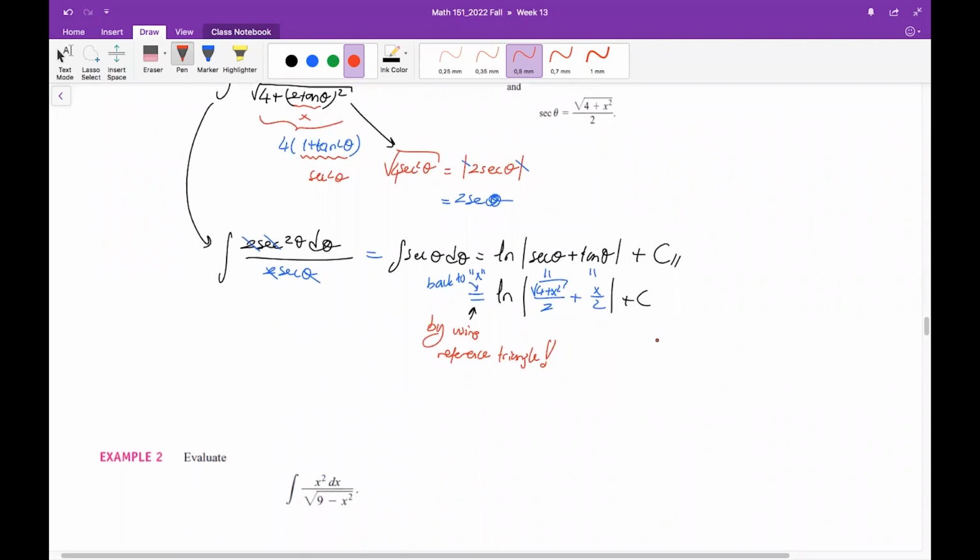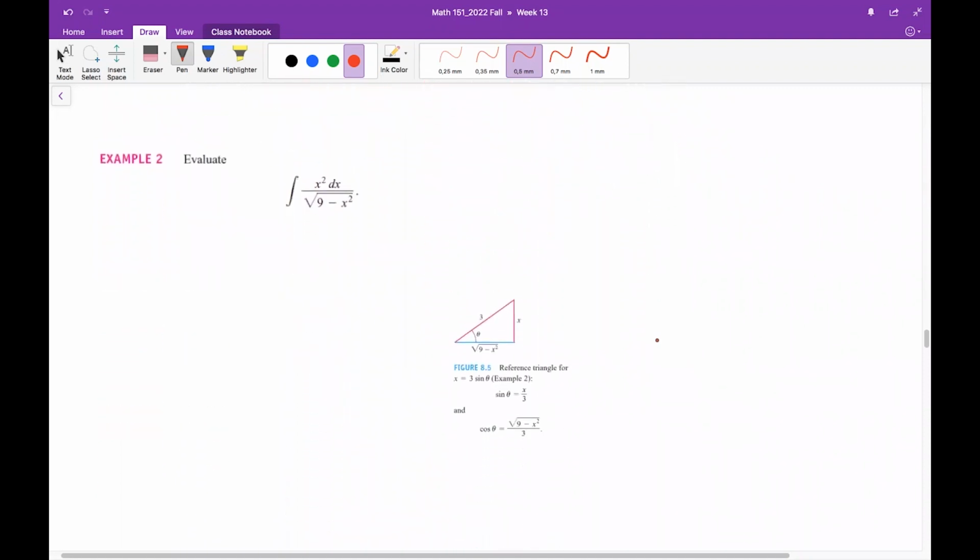Okay, let's do one more example by using trigonometric substitution. Again, you need to detect the structure. The structure is in this form, a squared minus x squared. And for this case, with trigonometric substitution, we should use x equals a times sine theta.